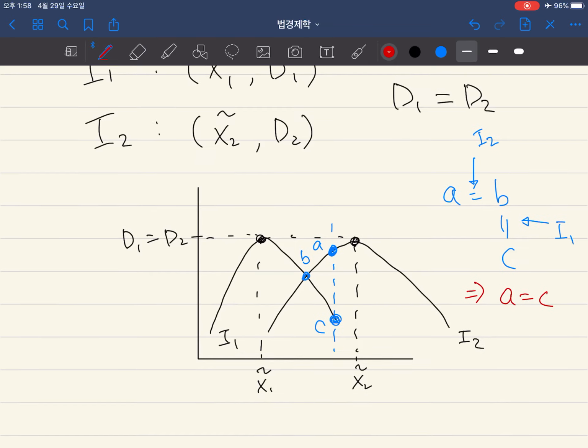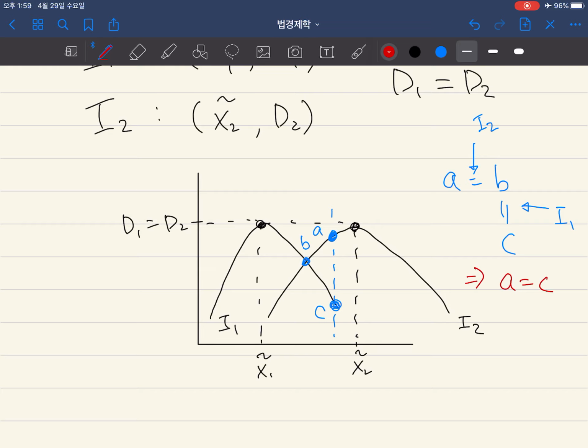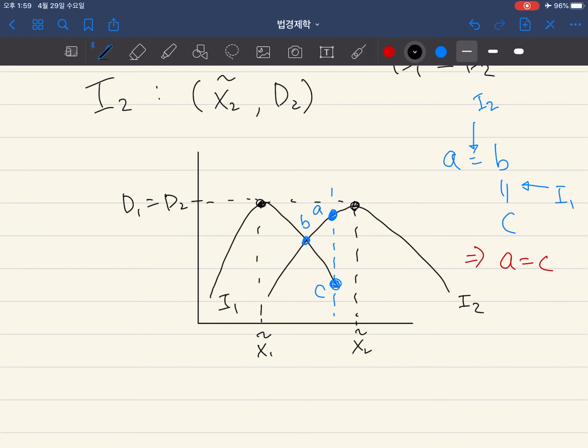But this cannot be true because remember, we go back to our original objective function. If you look at points A and C, x is the same.